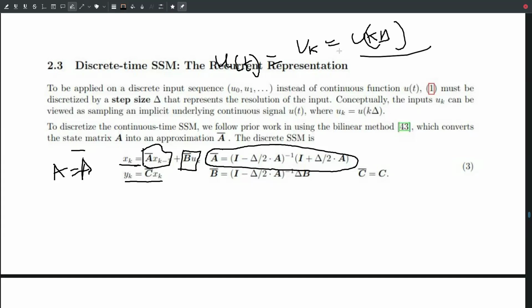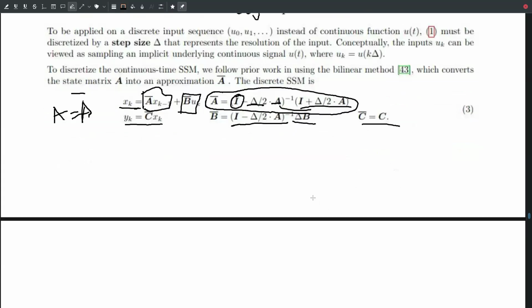If you are discretizing this, you have to discretize A too. So A will be discretized as the identity matrix minus delta by 2 times A, inverse. The same thing applies here with delta B, and C is just C here. Is it fine, or do you need more explanation?